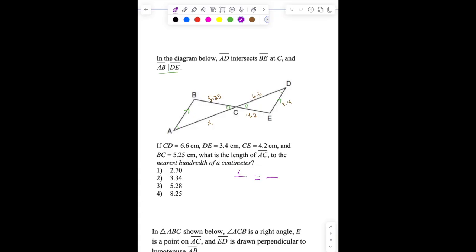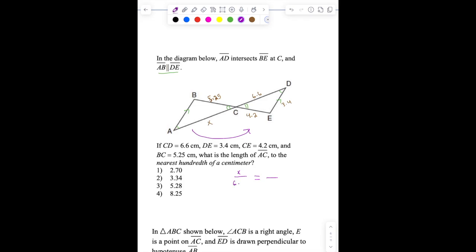You want to think of if you rotated this triangle to land on this triangle, what sides would match up to each other, and X would land on the 3.4. Oh, sorry. X would land on the 6.6.